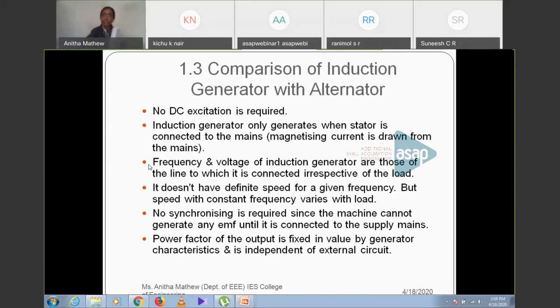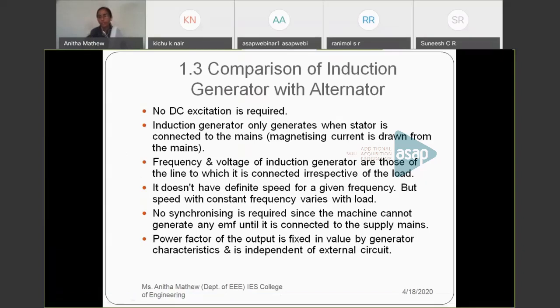Okay, next point is, it does not run at constant speed; frequency varies with load. When the load is varied, we have to increase the speed. So we are providing some automatic arrangement for increasing the speed in order to make the frequency constant.